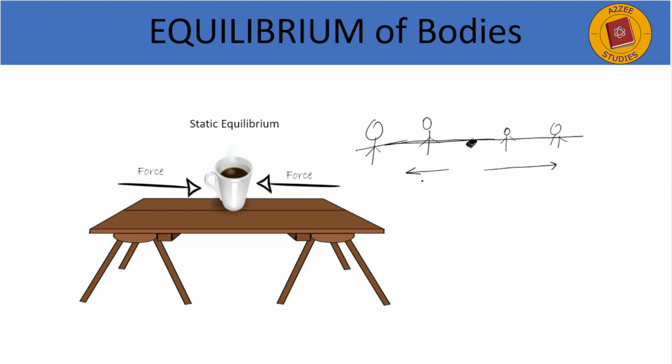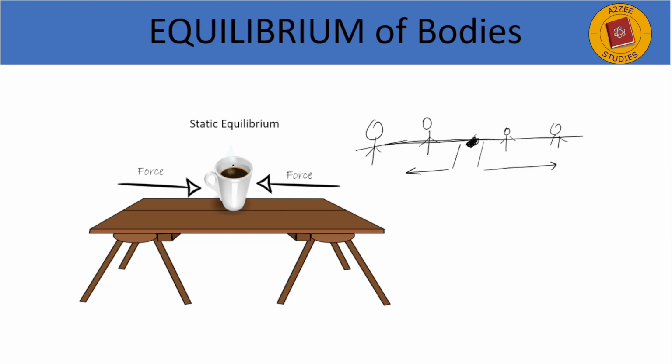Now when the force applied by both the teams is equal, if both the teams have the same strength, you will see that the center point or reference point, where they attach a handkerchief or something, will not move this way or that way. So this forms a static equilibrium. Means even if there is force, it's not moving.